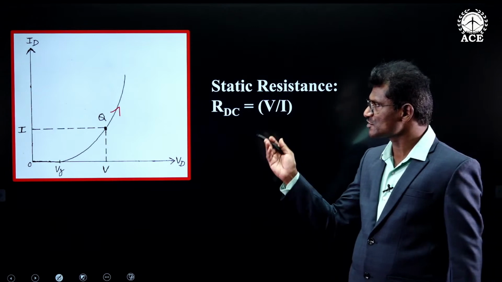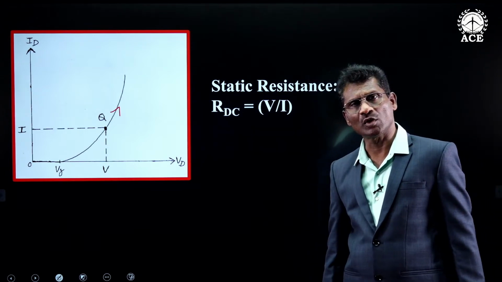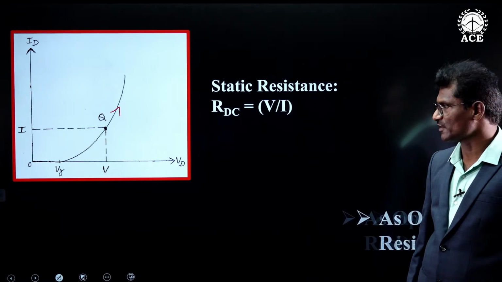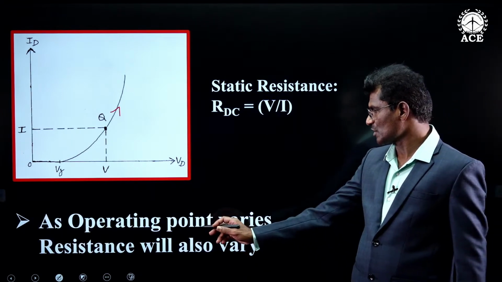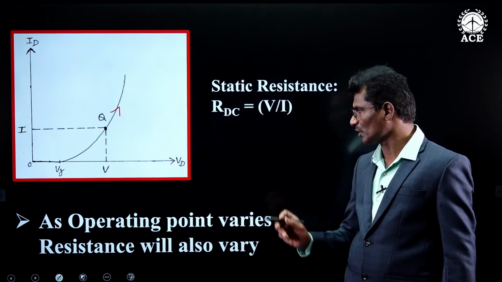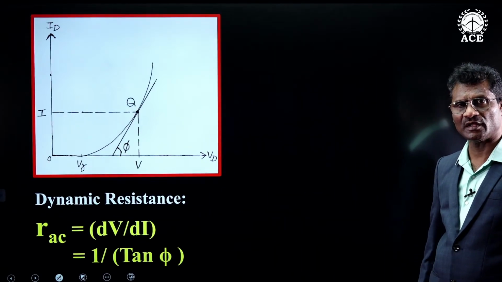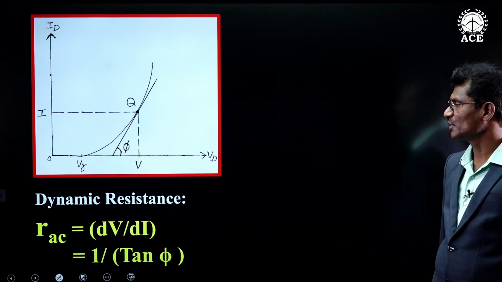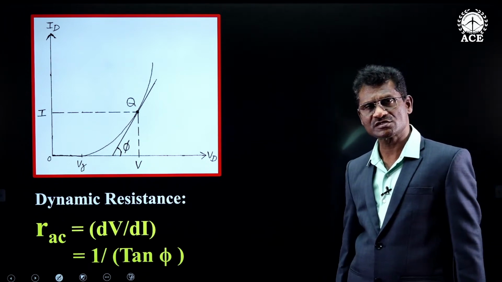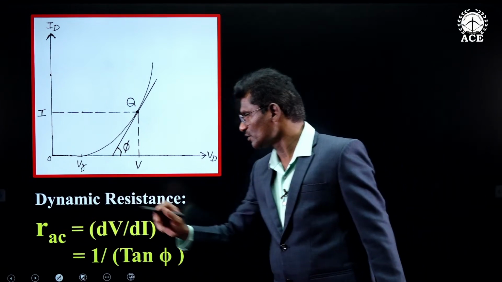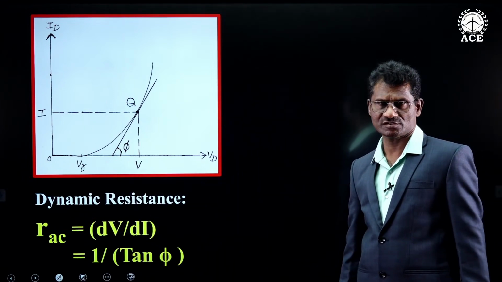To get rid of this problem, we define one more resistance called AC or dynamic resistance. Capital R generally stands for static resistance, small r generally stands for dynamic resistance.